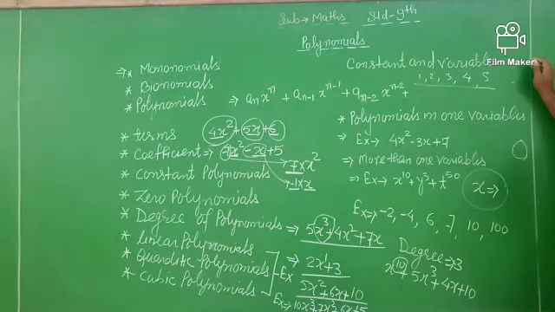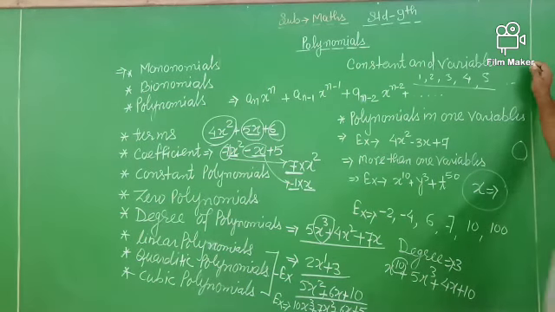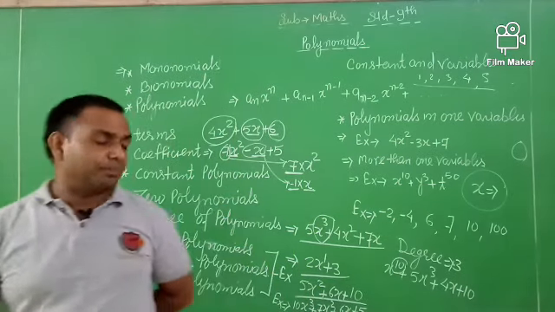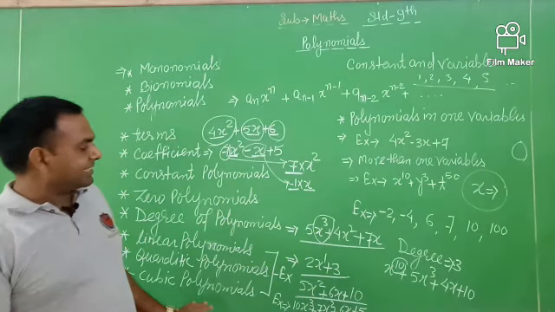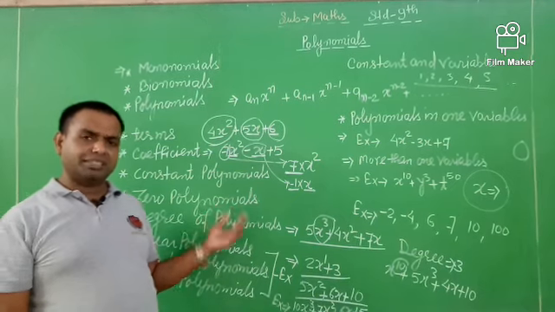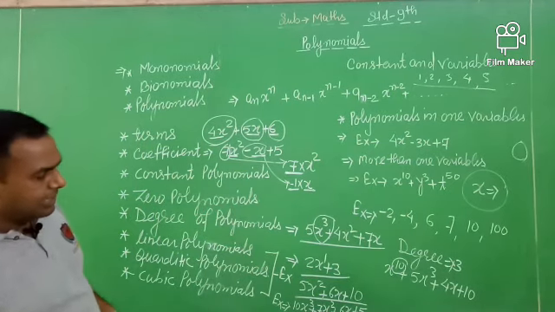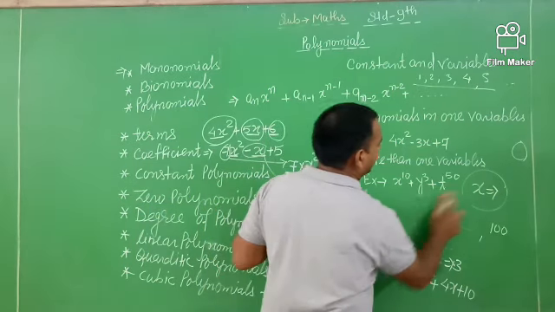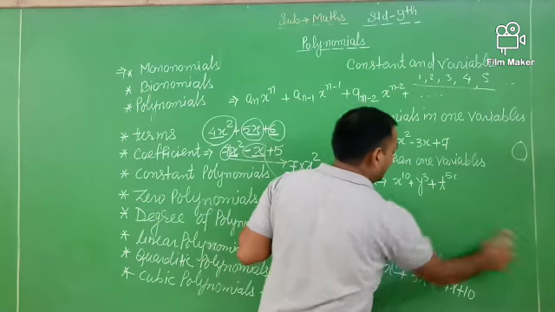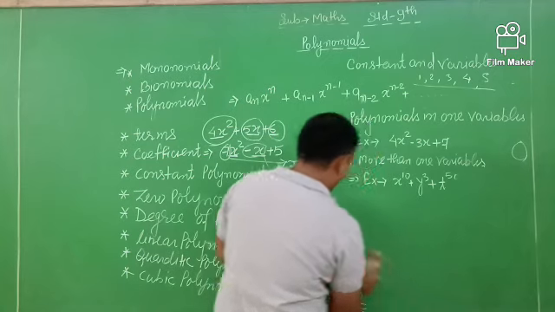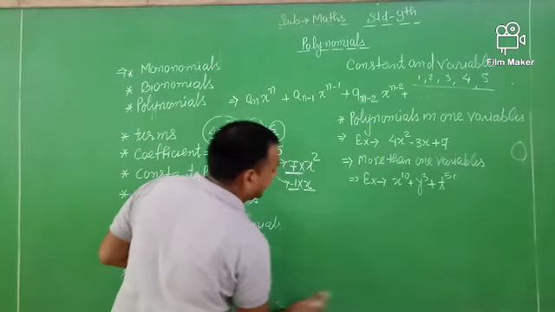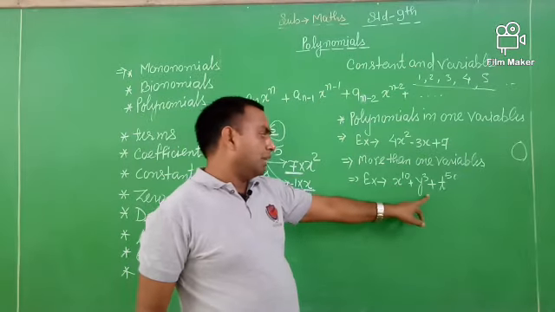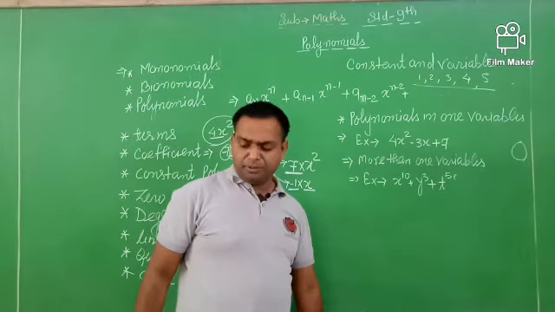Next topic, polynomials in more than one variable. Here we gave many examples of polynomials, and in each case I gave examples only in x. So these are called polynomials in one variable. But here I give an example with more than one variable: x to the power 10 plus y cube plus t to the power 50.